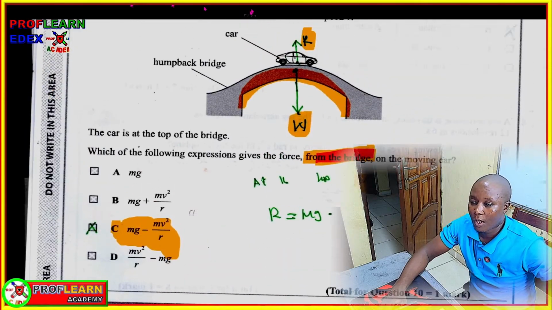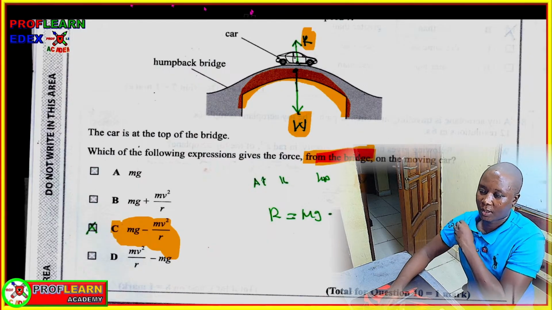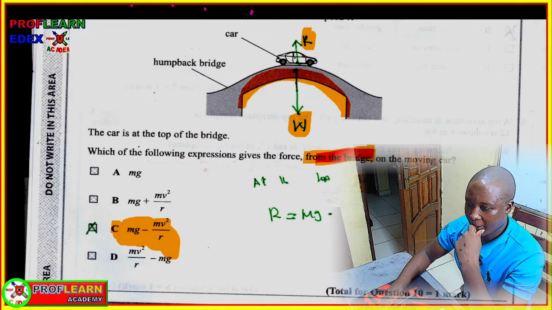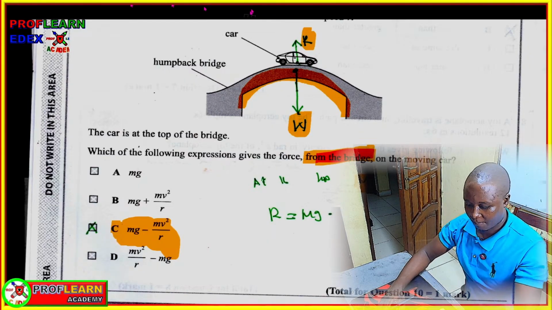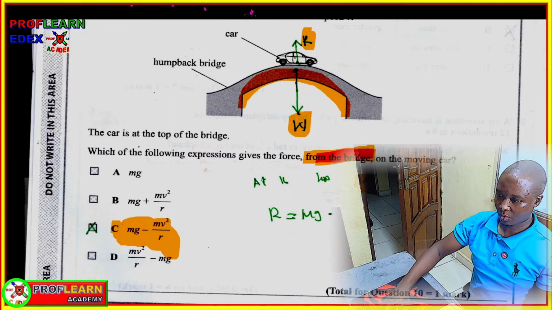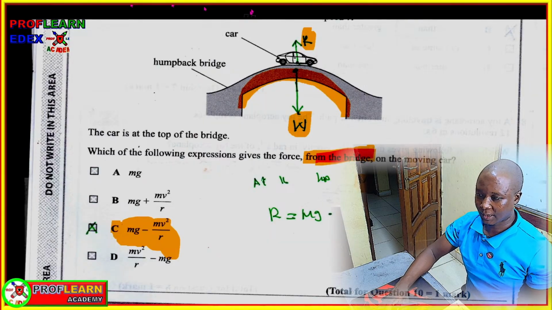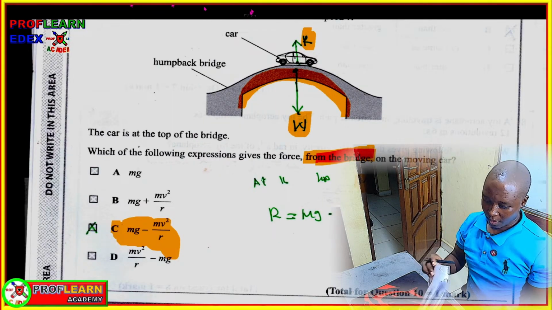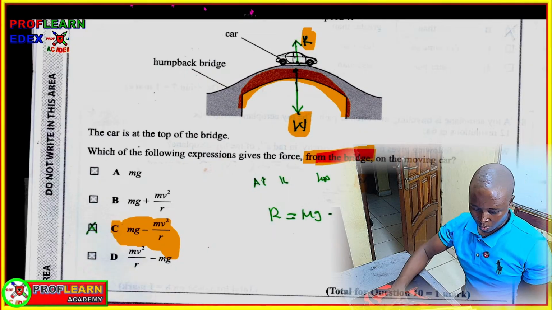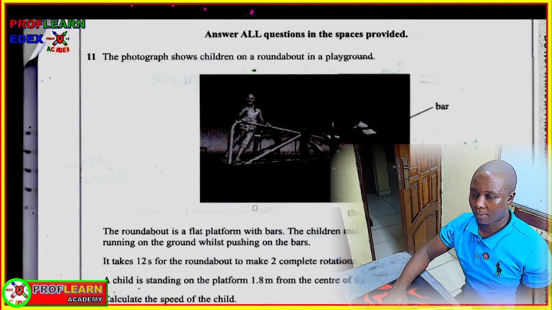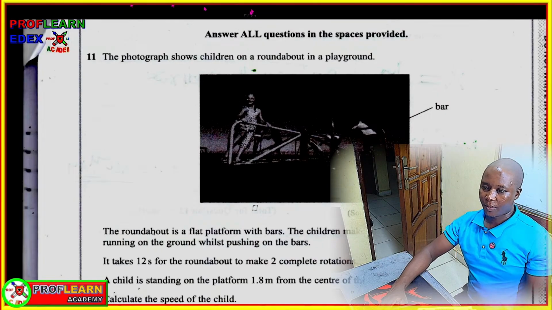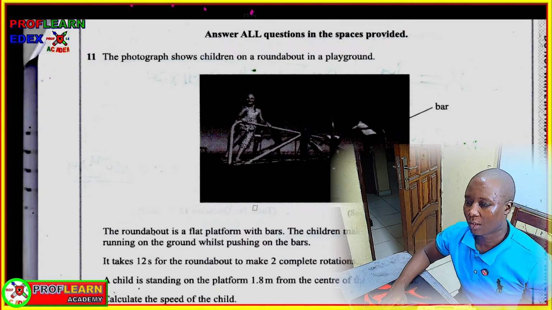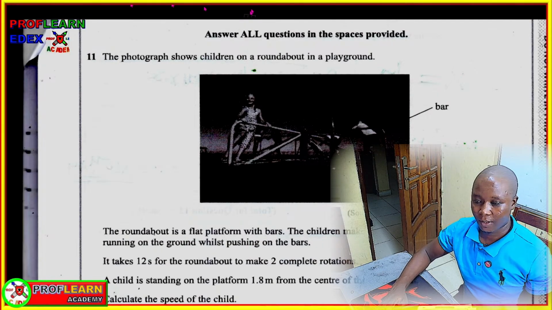So that marks the end of the multiple choice of this particular paper. The next part that we have is answering structured questions. How do we answer a structured question in this case? We have question number 11. Question number 11 is talking about children on a roundabout, and these children are just having fun.